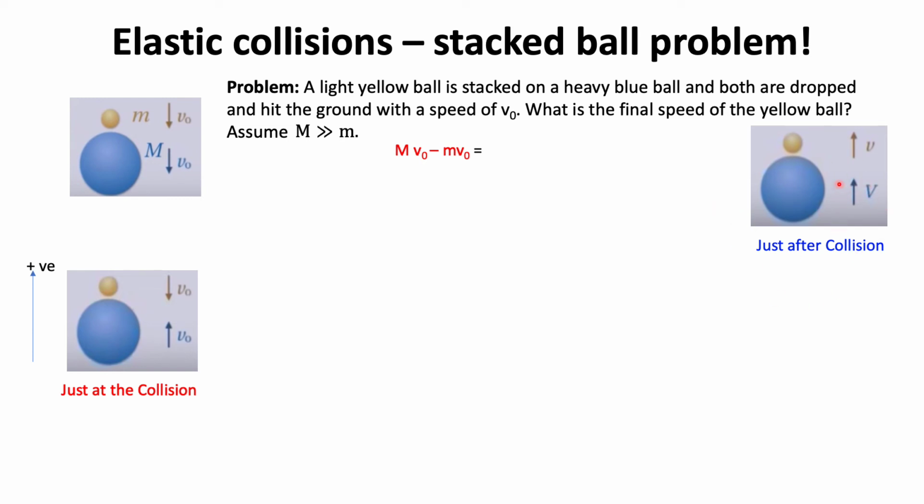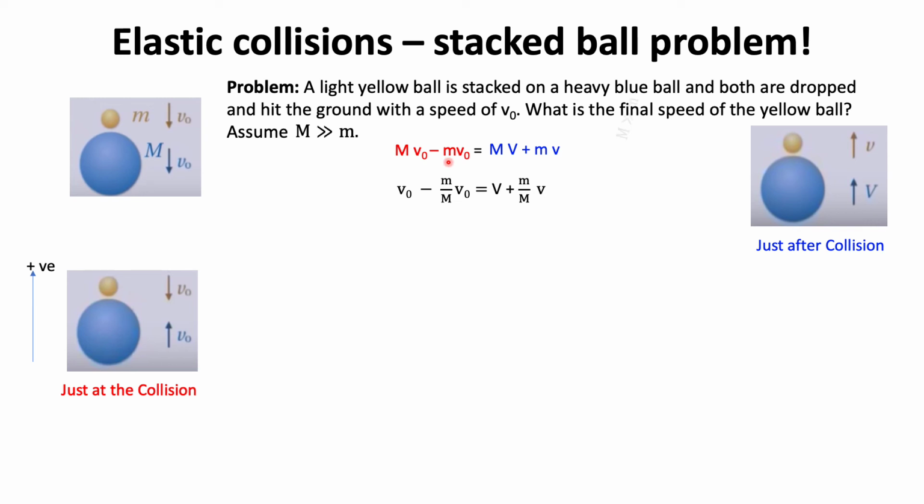Now both are in the upward direction, so we assign positive signs to both the velocities, and the equation of conservation of momentum gives us MV in uppercase plus mv in lowercase, right? So divide both sides by capital M and note that this term, that is small m by capital M, is negligibly small, because it's given in the problem that capital M is much greater than the small m ball, with a small ball, basically.